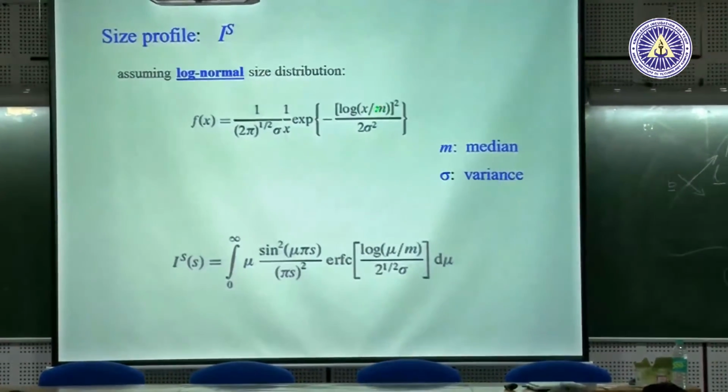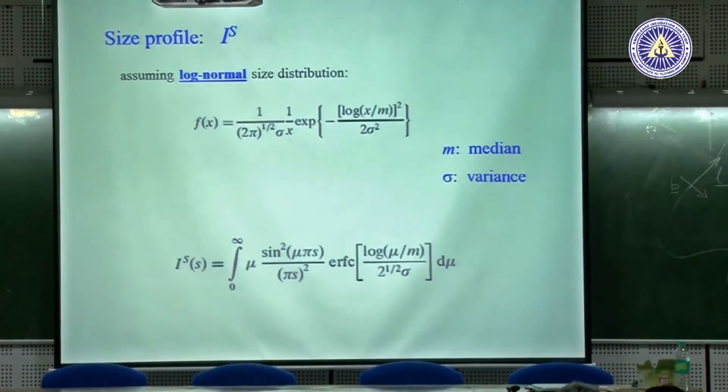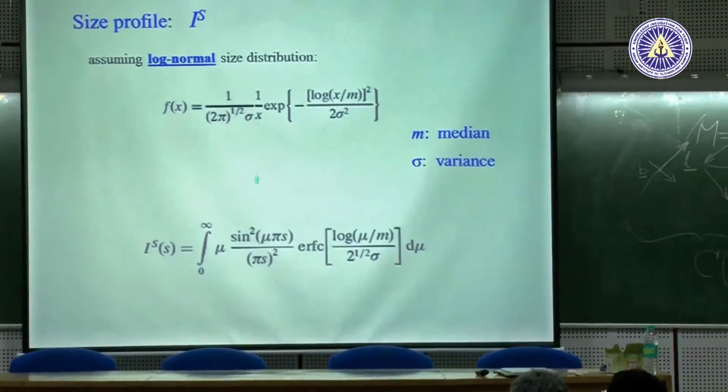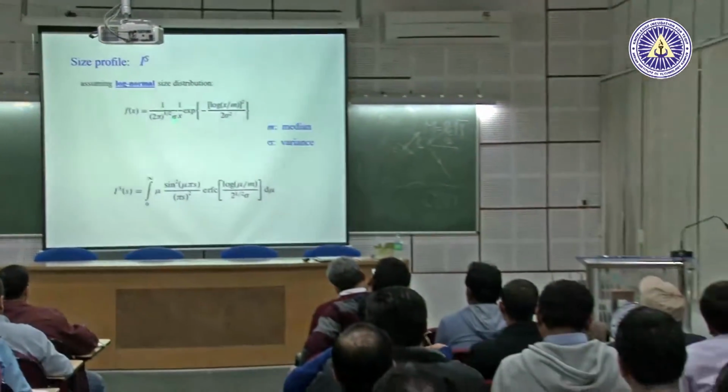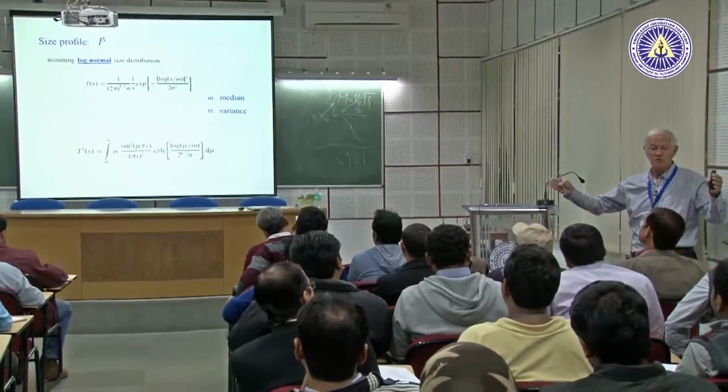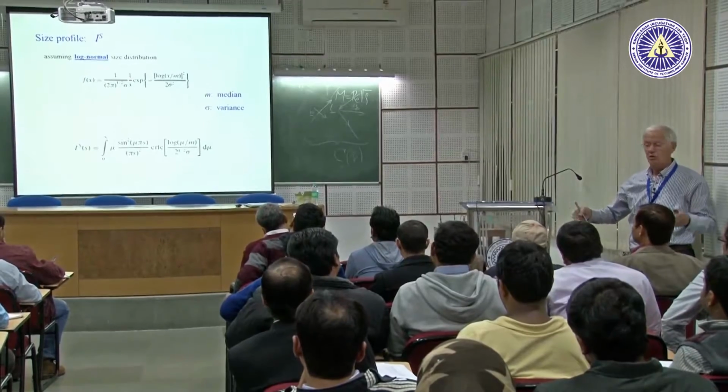But you always have a size distribution, and the logarithmic normal size distribution function is a very good function. It is written here, where you have a median, which gives you the position of the size distribution, and the variance, sigma, which gives you the width of the size distribution.